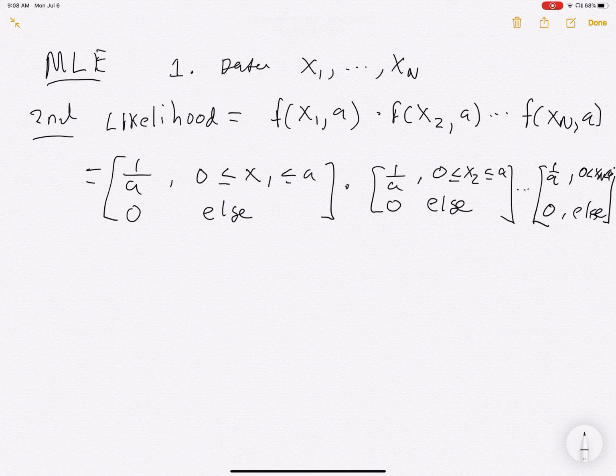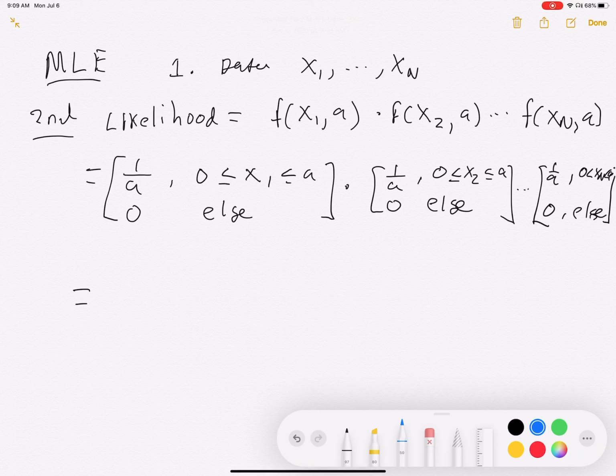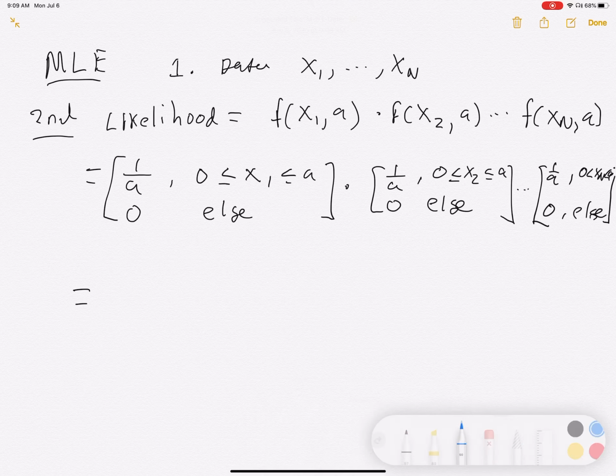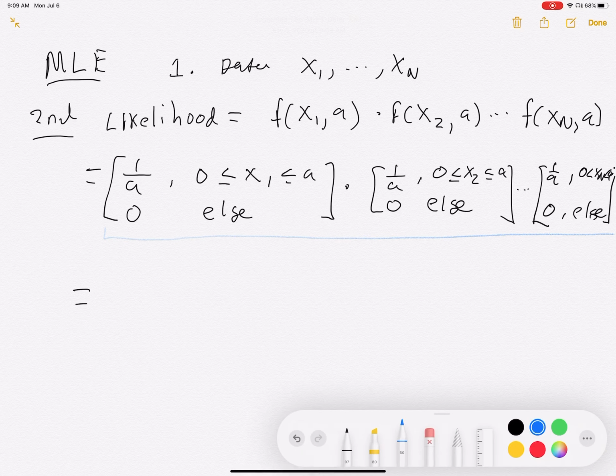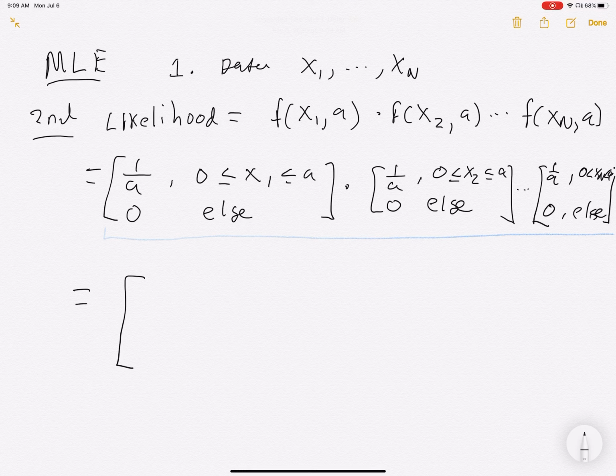Okay, and if we look at this right here, this whole term, if any of these lie outside of the interval 0 to a, the entire thing is 0. And so what this means is that there are n copies of 1 over a, so a to the n.